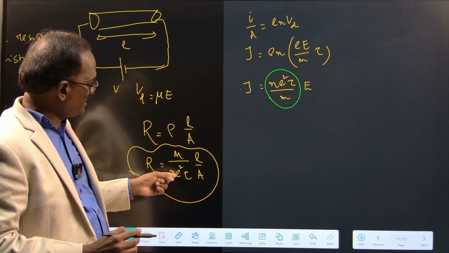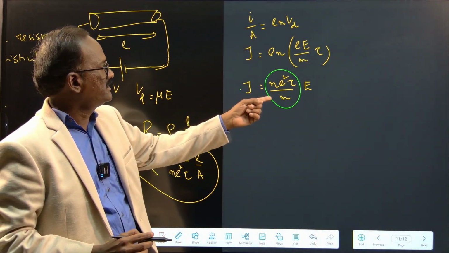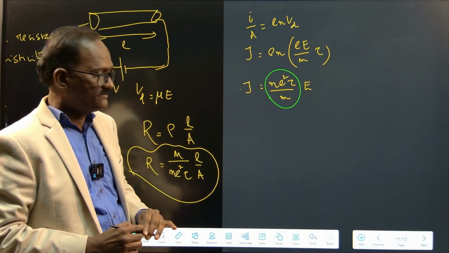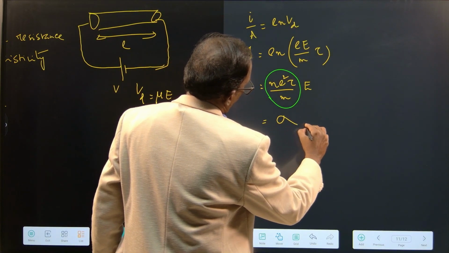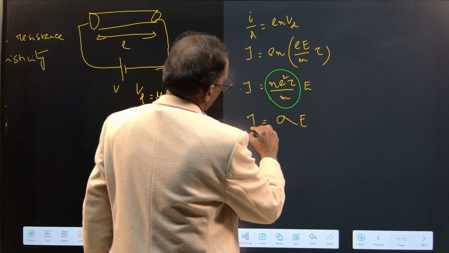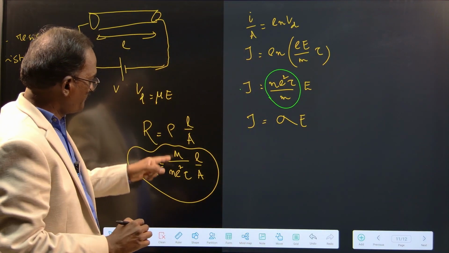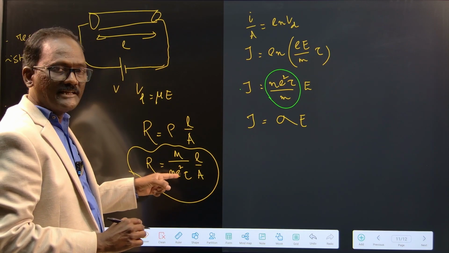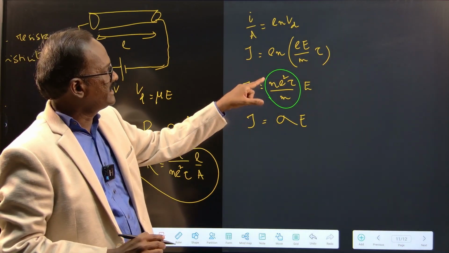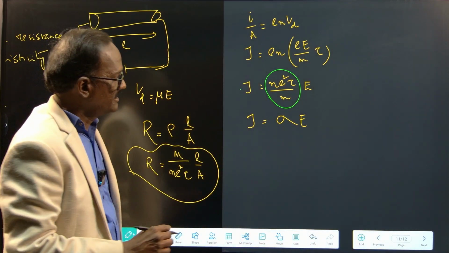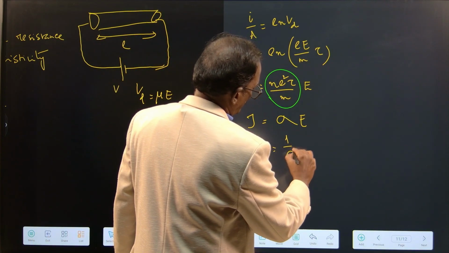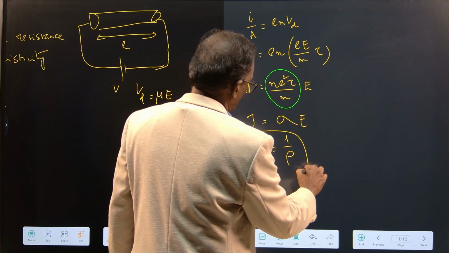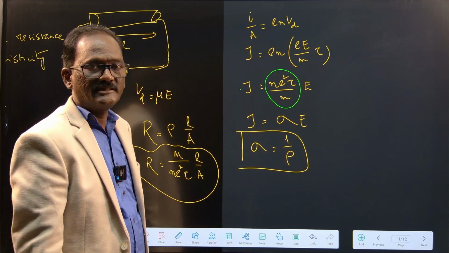This is m over n e square tau, and this is n e square tau by m, right? This term is written as sigma. Rho is equal to m over n e square tau. Sigma is equal to n e square tau by m, right? So I will write sigma is equal to 1 by rho. This relationship I am establishing.